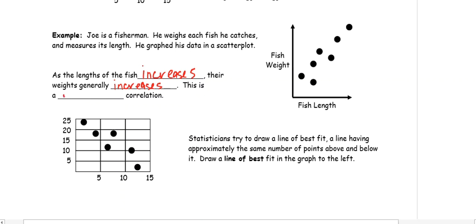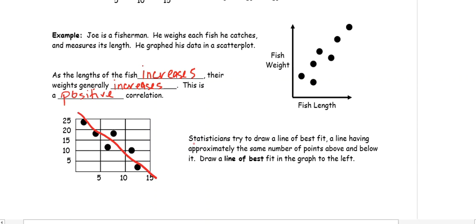This is a positive correlation. Statisticians try to draw a line of best fit, a line having approximately the same number of points above and below. Again, you're going to be doing this way more in algebra classes. I'm just giving you a taste of this, but a line of best fit would look something like that. Okay?